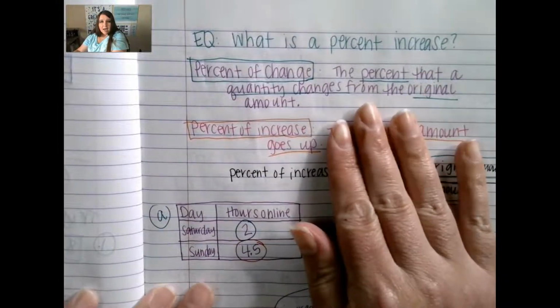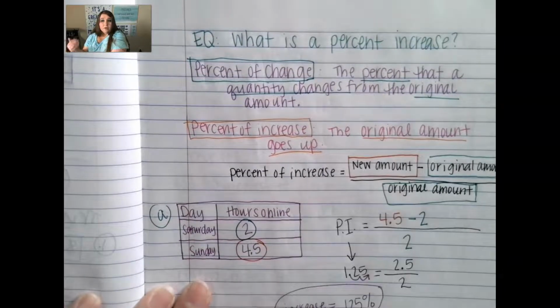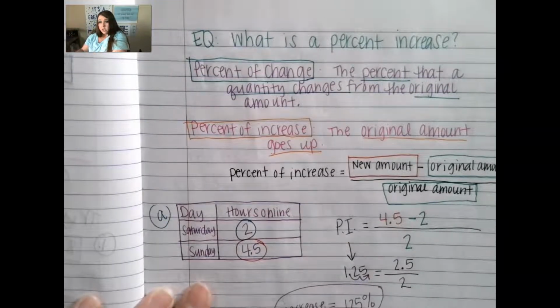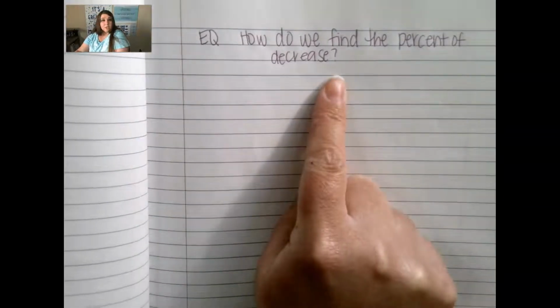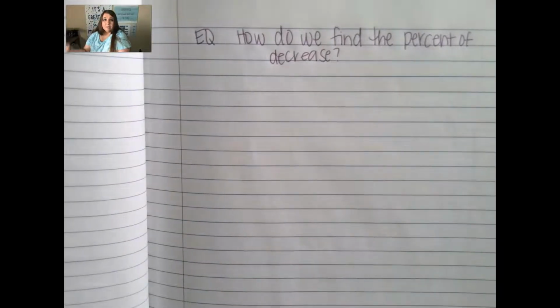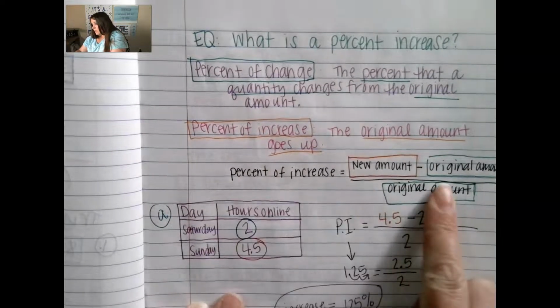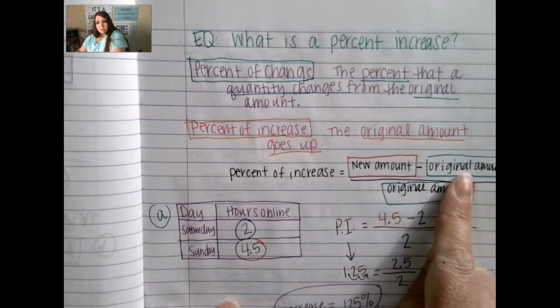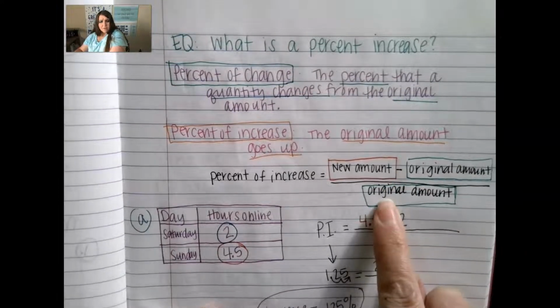We looked at a percent of change, knowing that there is a change from an original amount, and that percent change can either increase, which means that it goes up, or decrease, which is the opposite. We're building on that today by going down. We also use this equation of a new amount and original amount using subtraction and division.